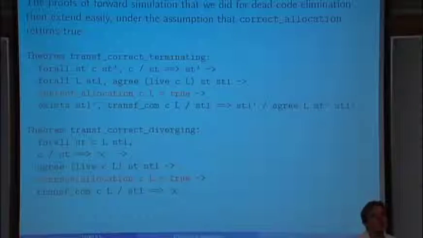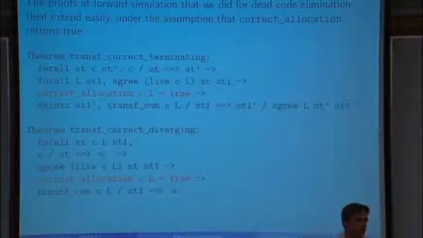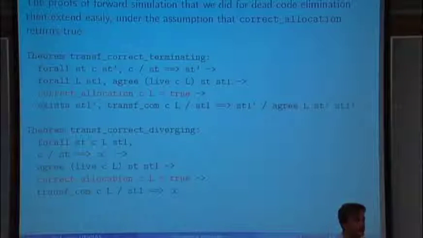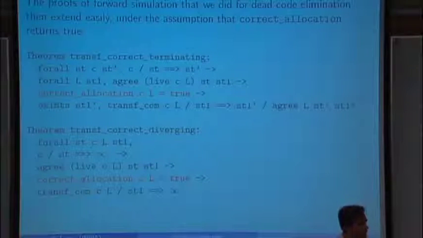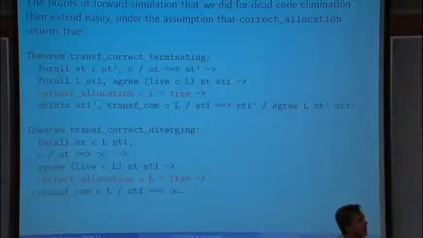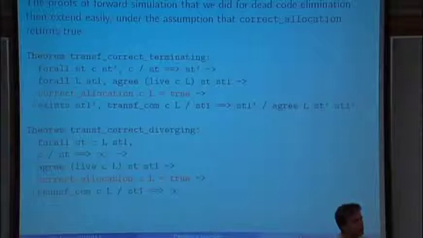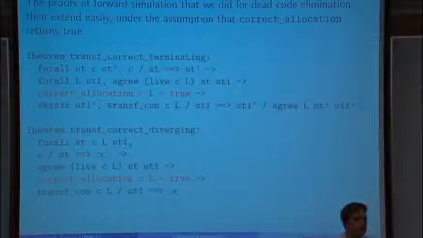If I remember, the extracted version was somewhat slower than the handwritten version, but that's because the handwritten version was using imperative data structures. But it wasn't that much slower. And I think the quality of allocation was maybe a little lower because, again, the unproved code contained some additional heuristics, but not that many.